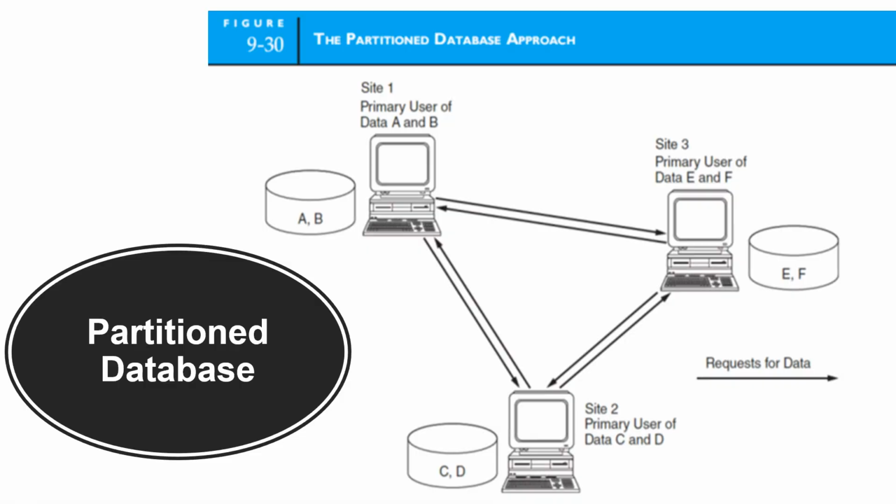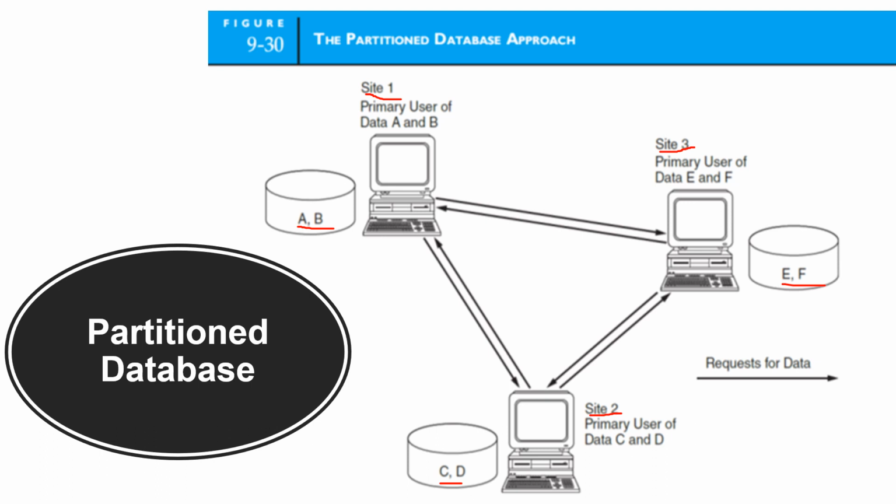So this is what we call a partitioned database, where we have site 1, site 2, and site 3. If you see here, we have different databases, EB, EF, and CD, handled by each site's users. So the partitioned database approach is communicating this data.